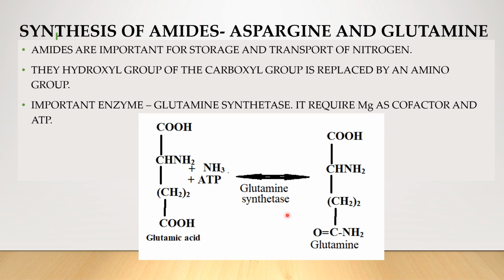In the presence of the enzyme glutamine synthetase, it is converted into glutamine, and this glutamine synthetase requires magnesium as cofactor as well as ATP. Alpha ketoglutaric acid is converted into glutamic acid, and then glutamic acid is converted into glutamine by glutamine synthetase.